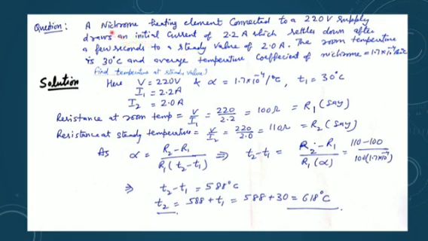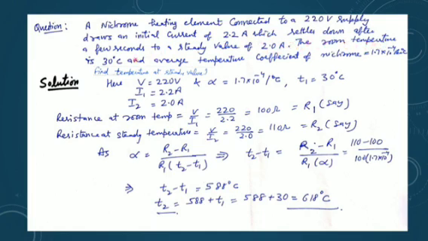They are saying a nichrome heating element connected to a 220 volt supply draws an initial current of 2.2 amperes, which settles down after a few seconds to a steady value of 2 amperes. So the initial current is 2.2 ampere, and then the equilibrium or stable current you may say is 2 amperes.